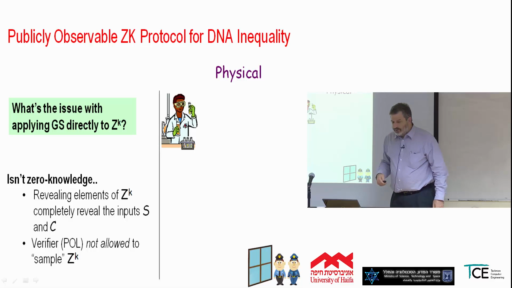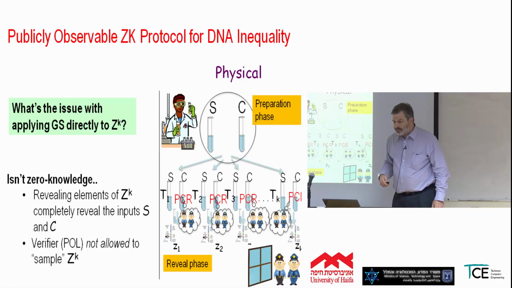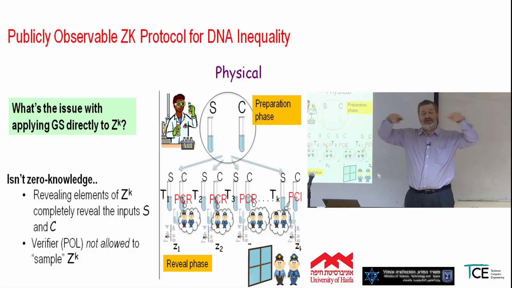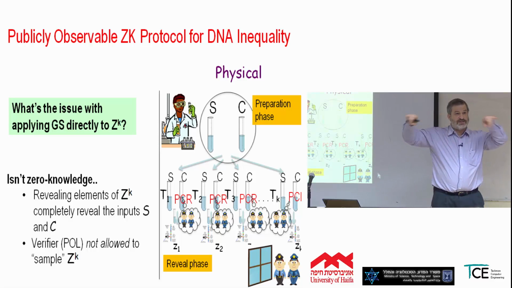So what we want to do is something a little more complex. We haven't used something physical yet. Remember we had the PCR, we had the primer before the single tandem repeat, before the STR, two strings that we knew.